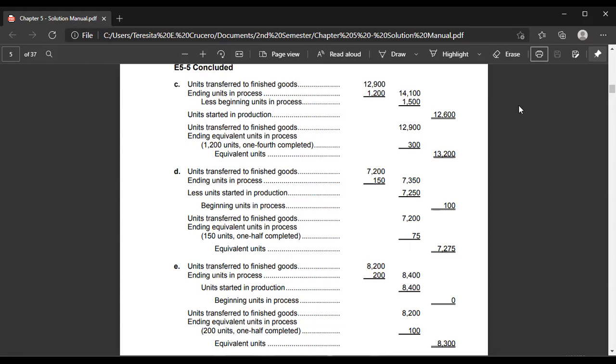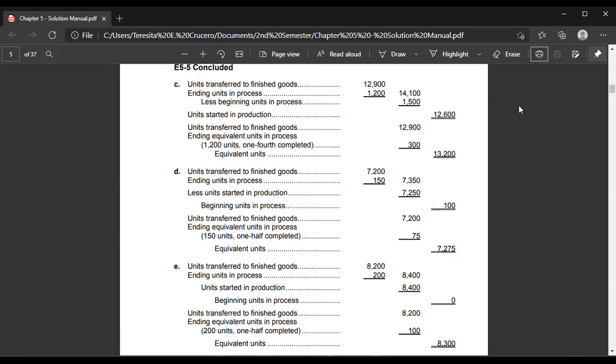So you get a total of 75. So what will be your equivalent production? Units transferred to finished goods, 7,200. And then we have the ending inventory, multiplying 150 by 1/2. So now you get equivalent units of 7,275.